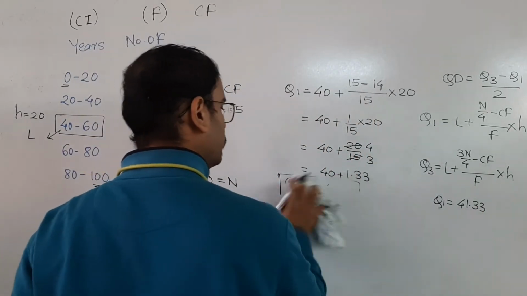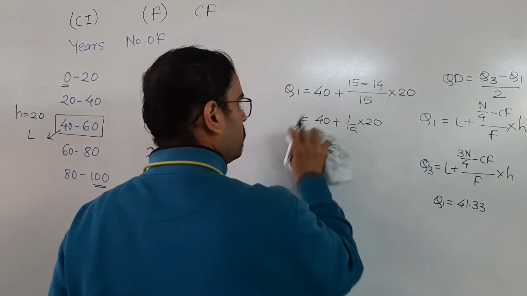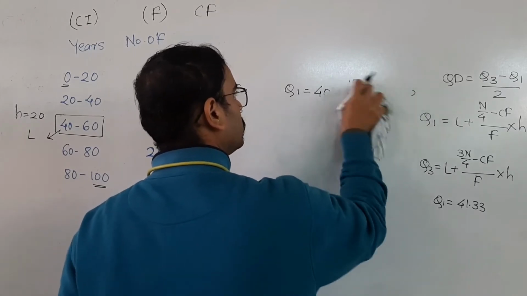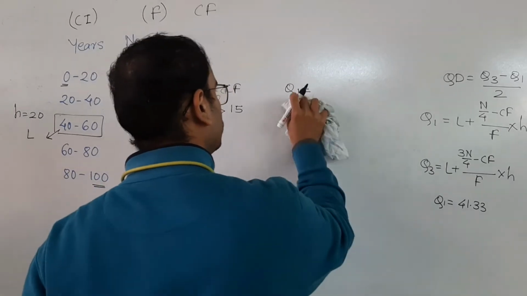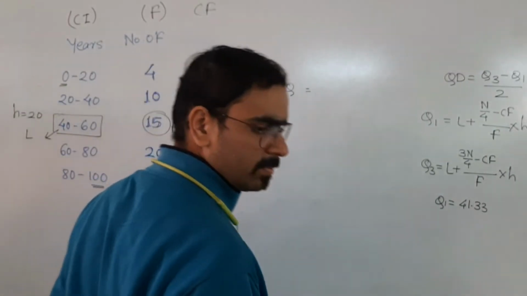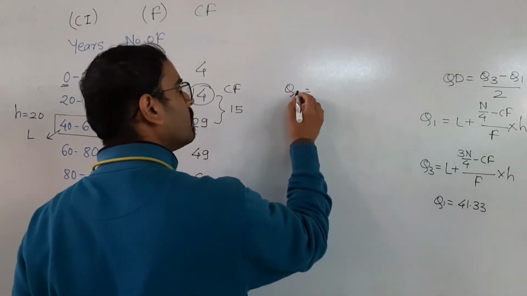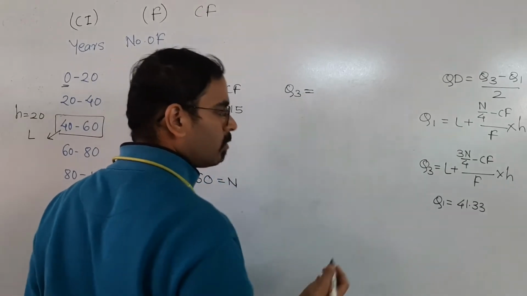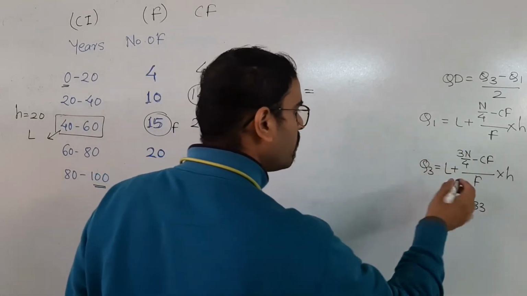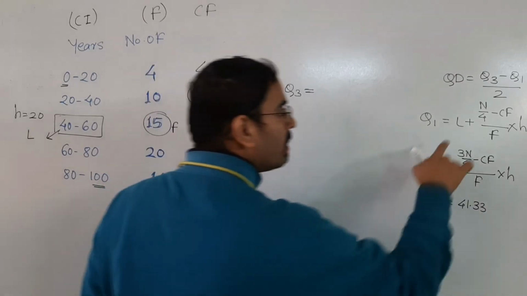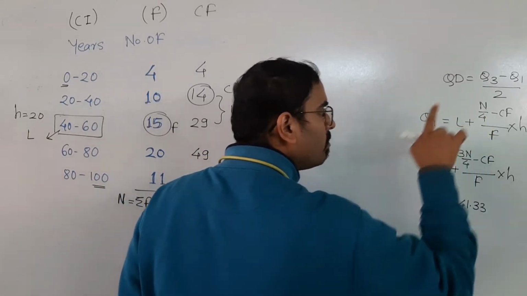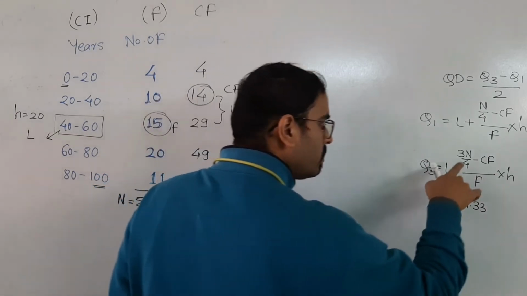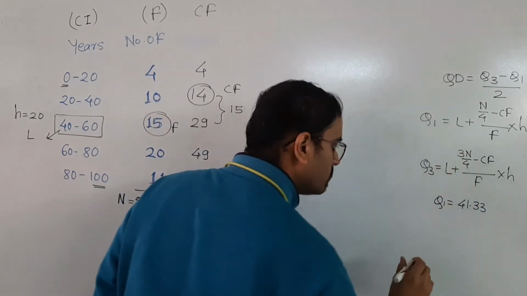Now we are going to calculate Q3. What is the formula of Q3? 3n by 4. For finding Q1 we needed to find n by 4 first, and in this case we need to find 3n by 4 first.